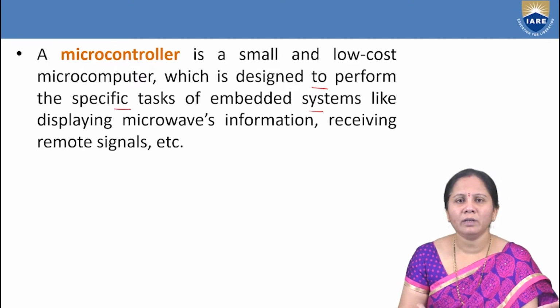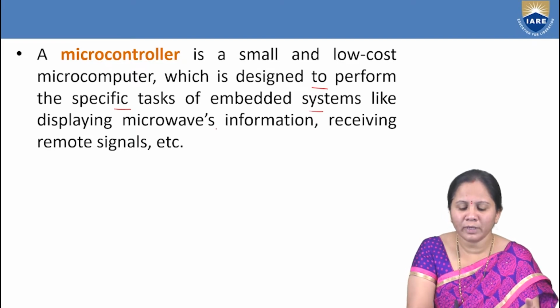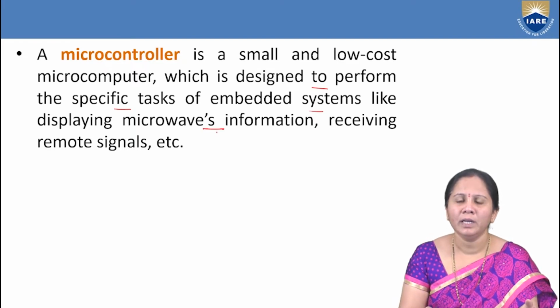If you take one big embedded application, it consists of multiple tasks. Take a microwave oven, for example. It consists of different tasks like displaying the temperature, rotating the dish in the microwave oven, and adjusting the heat inside the microwave oven.